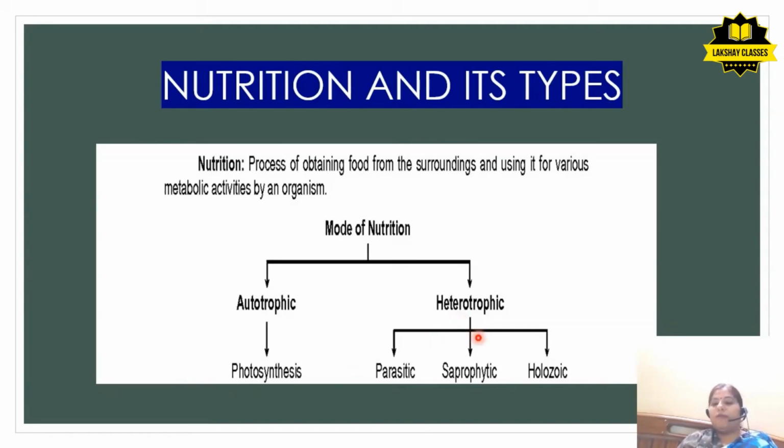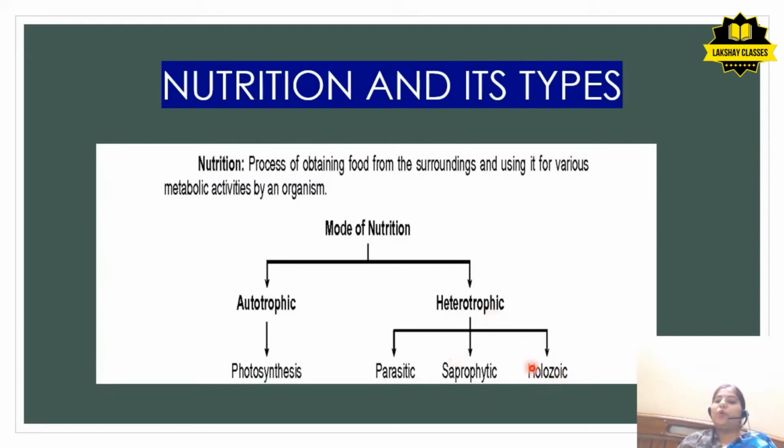So heterotrophic nutrition is of three types. One is parasitic. Parasitic means the organism is living inside the body of another organism, which is called the host, and deriving nutrition from its body. At the same time, the parasite is harming the body of the host.